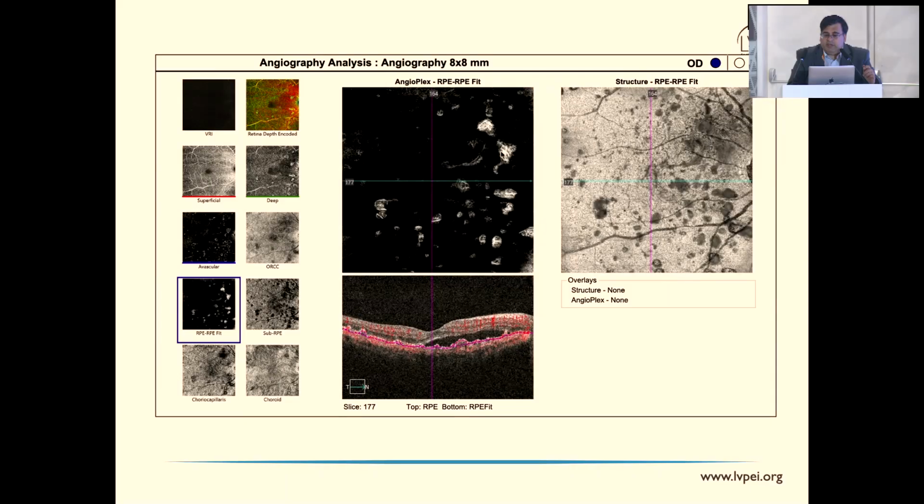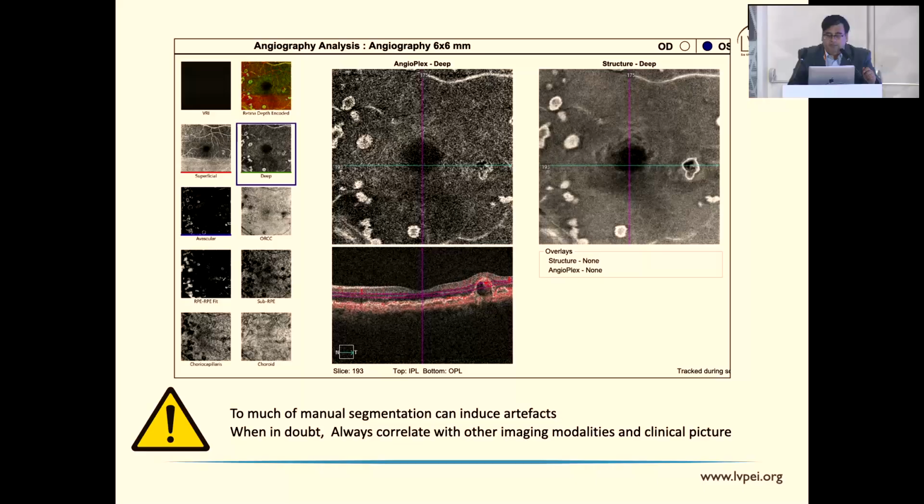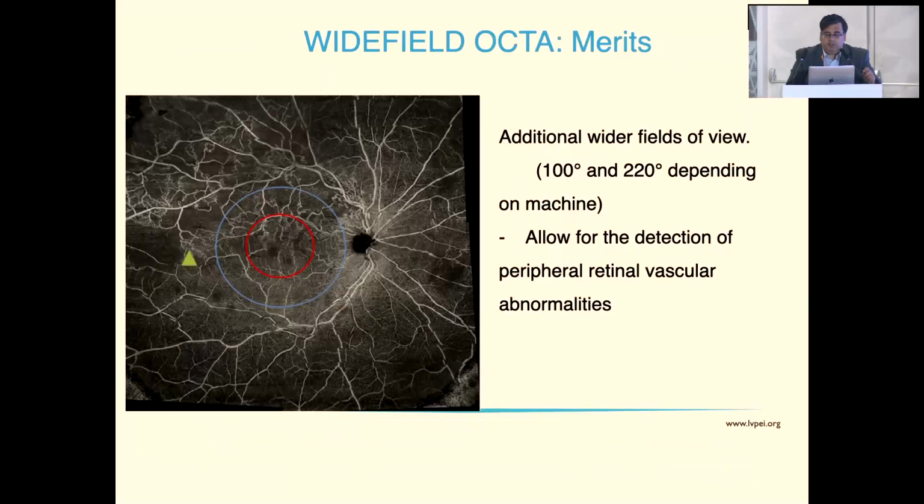You could really see a coiling up of this net under those PEDs in the right eye in an 8x8 scan. And this is the whole lesion when we did a 6x6 scan, RPE fit with a nice polyp flow signal, a large BVN network, which we could pick up in this right eye of the patient. Similarly, another proper segmentation could pick up a polyp in the left eye of the same patient.